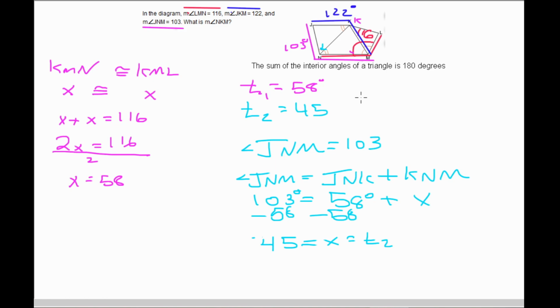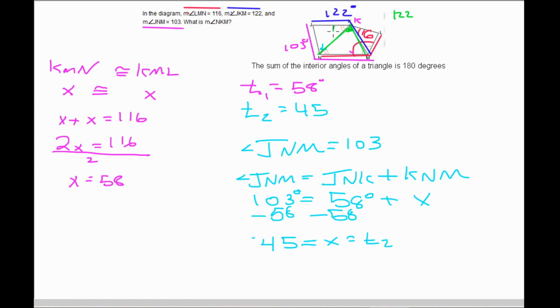Now, this is where maybe most of you got to before you thought, I have no idea how to proceed from here. And I do apologize for doing that to you. But what we're ultimately looking for is the measure of angle NKM. I'm going to highlight that one in green just so we can see what we're looking at. If I start at N and go to K and then go to M, I'm looking for the angle right here. What I have for JKM is 122 degrees, so I know the whole angle is 122 degrees.